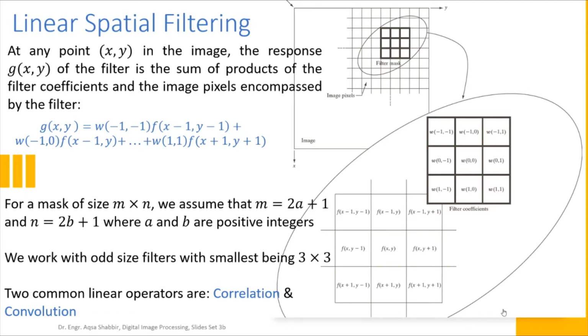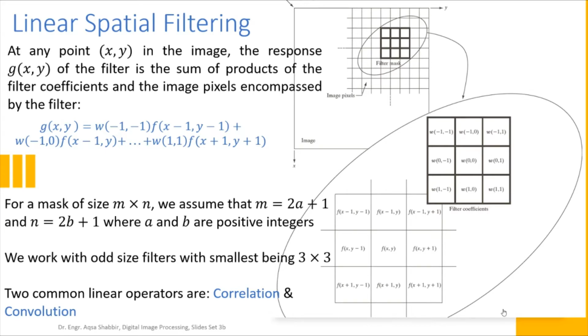The second term in this summation is the filter coefficient w(-1, 0) multiplied with the pixel intensity at location x minus 1, y. Likewise, there are 9 terms or 9 products which are summed together in this particular example.